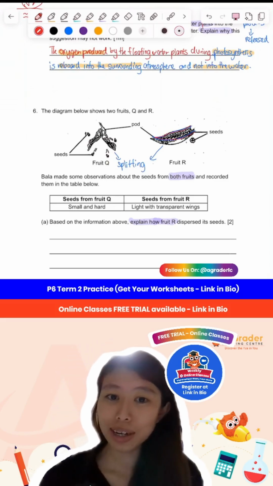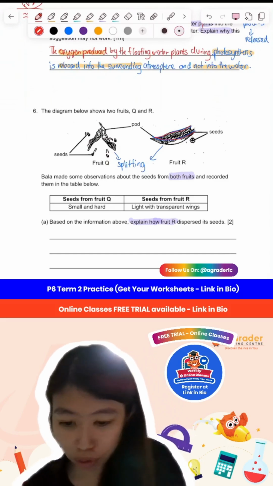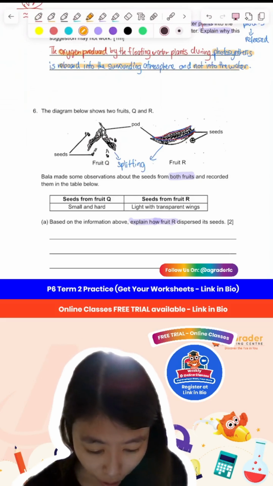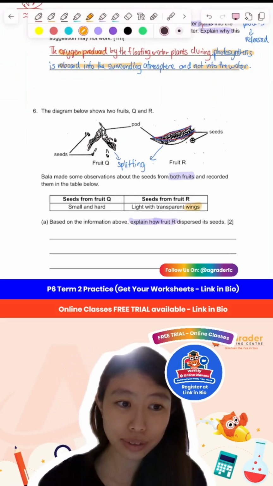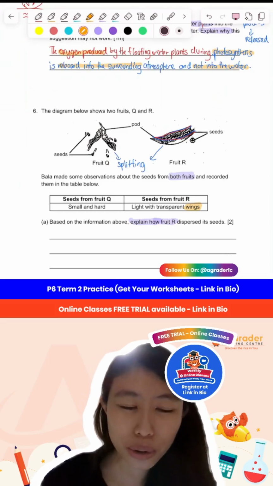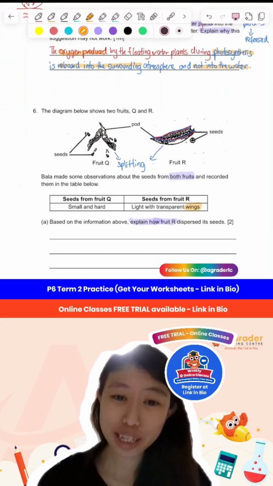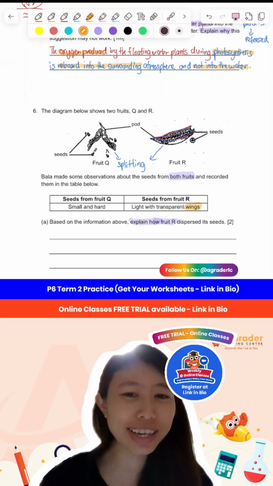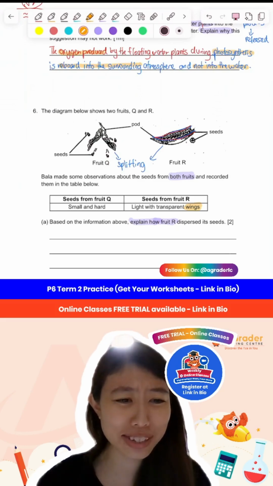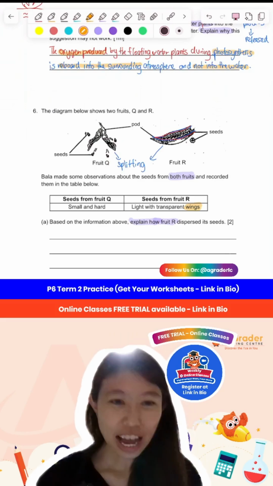Initially, it was closed. But if you look at the seeds of fruit R, they have an additional wing-like structure. If they have a wing-like structure, it means it's also dispersed by what? Very good.